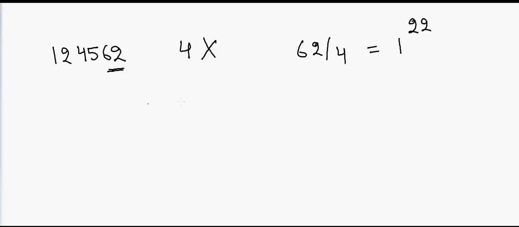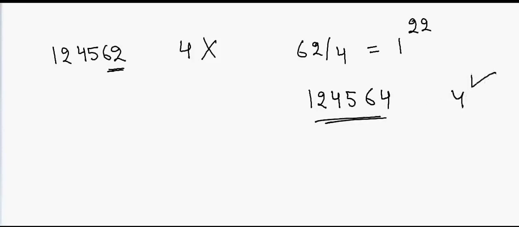So how can I modify this number? If I add 2 more in the end, so I'll make 1 2 4 5 6 and make 4 here, then this number should be evenly divided by 4. And I can modify this number anyway. I can write 4 3 2 1 6 4, then again it is divisible by 4.